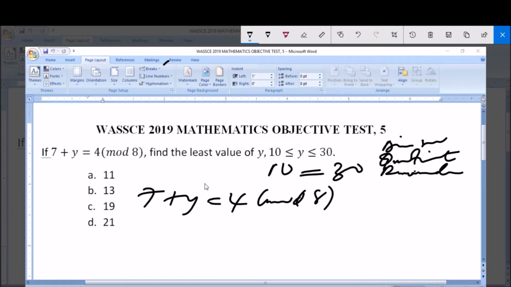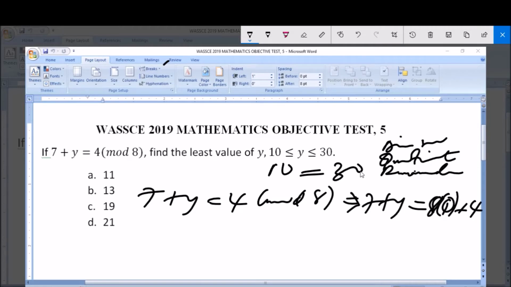It will be in this format: 7 plus y mod 8 is the same thing as saying 7 plus y equals 8 into q, which is the quotient, plus 4.